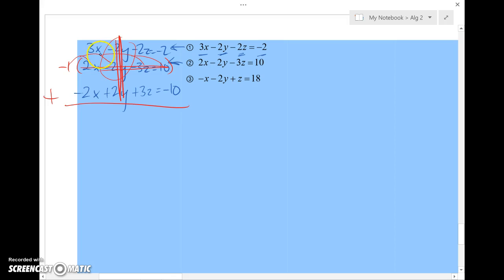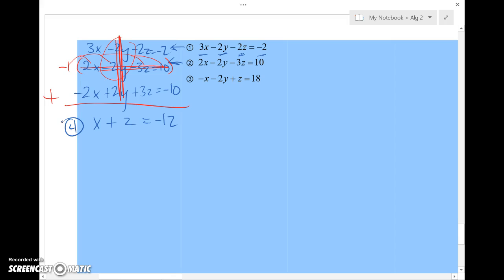Okay, so now we've got 3x minus 2x, that becomes x, and then negative 2z plus 3z, that is just z, or 1z, and then negative 2 minus 10 equals negative 12. And that's going to be our first new equation. We're going to call that equation number 4.